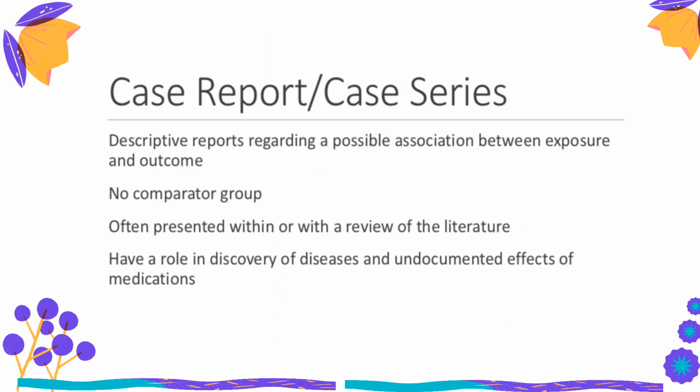Case reports and case series are descriptive reports regarding a possible association between exposure and outcome. They have no comparator group, are often presented within or with a review of the literature, and have a role in discovery of diseases and undocumented effects of medication.